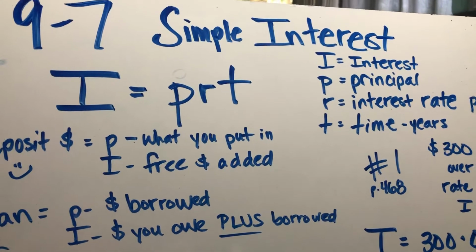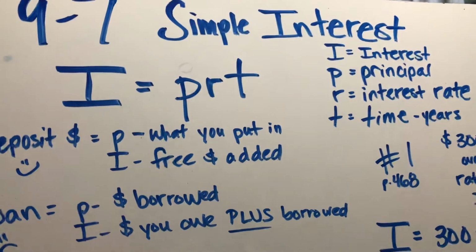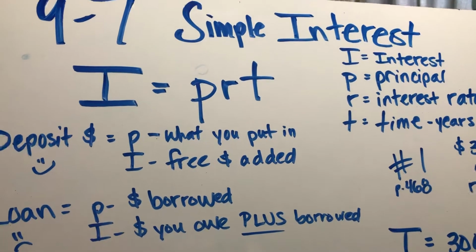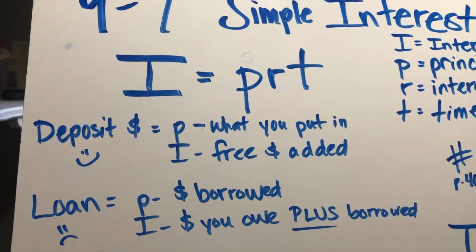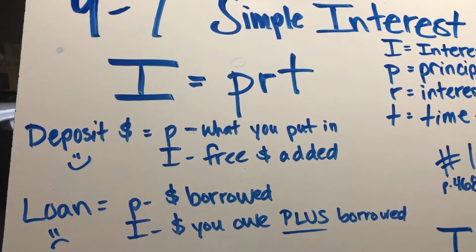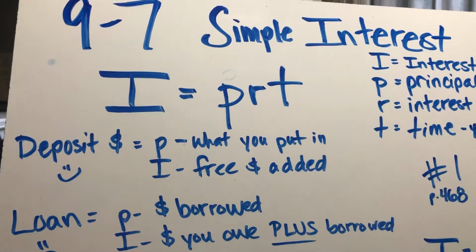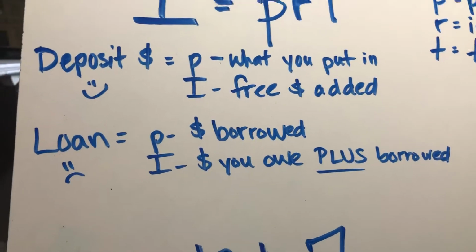Remember, you don't put percentages in a formula. You have to make the percentage a decimal. So I would use 1,000 times 0.02 times 5, because I want to know what happens in 5 years. There's my T for time. Okay? And there's just my little example.